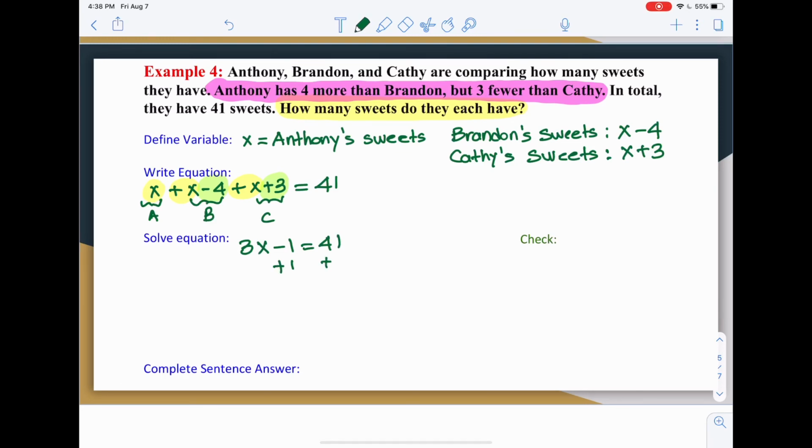Add 1 to both sides of the equation, and then 3x equals 42. If I divide both sides by the coefficient of x, from here x will be 14.